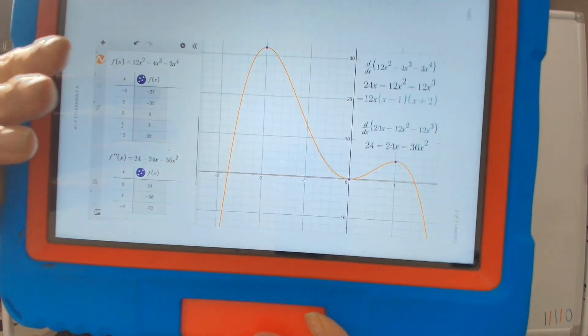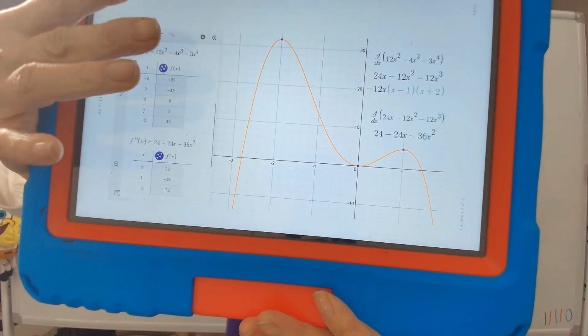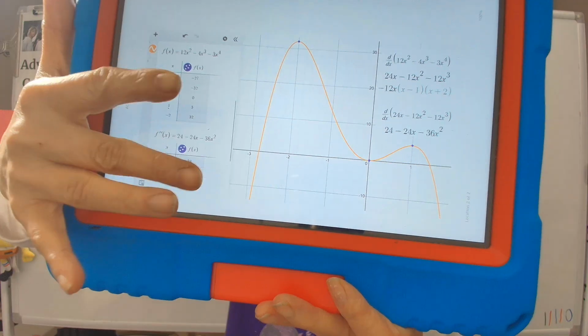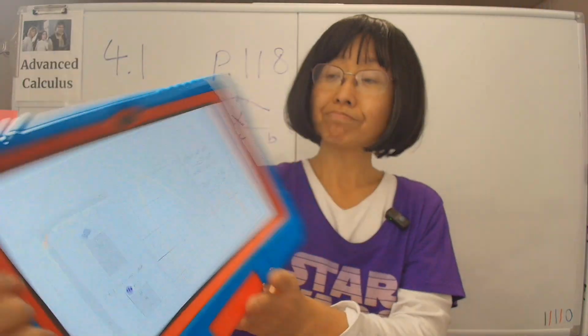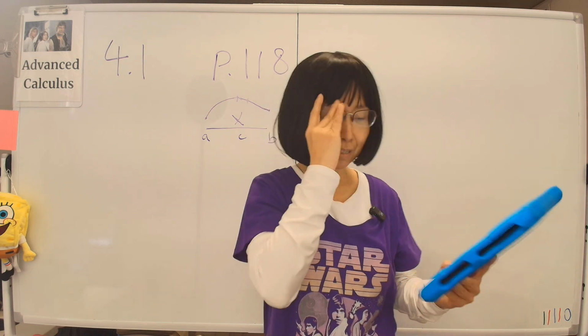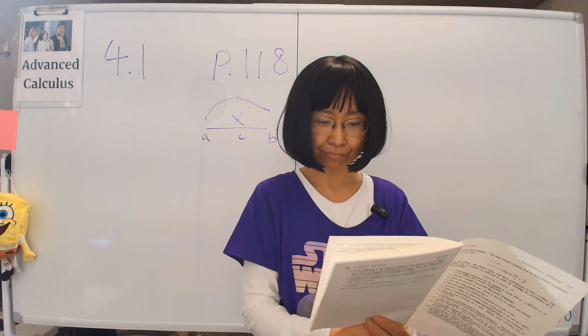Here's the graph, and as you can see, the graph has two maximums and some kind of minimum at the origin, and after that, it just takes a dive on both ends. You're familiar with that, but please do this yourself too, okay? So let's move on to what's next.